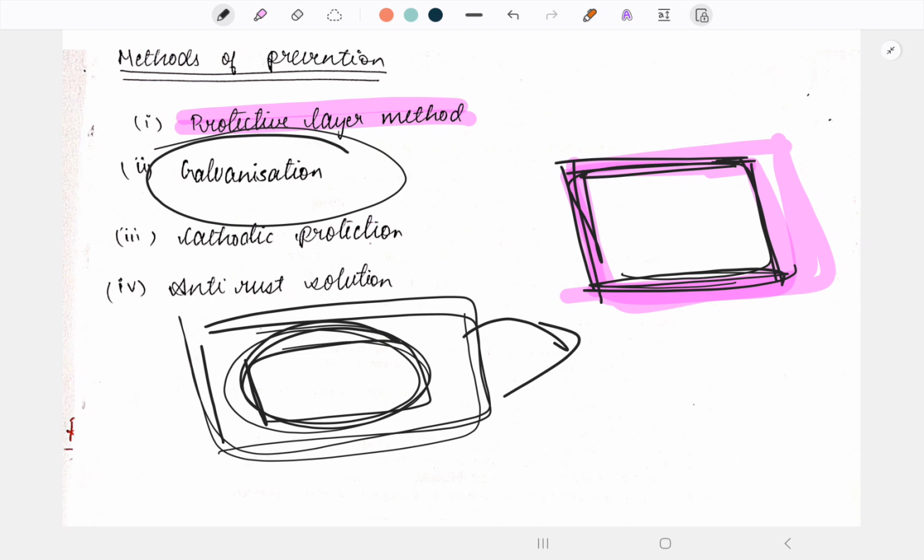Next is the cathodic protection of iron. So in this method, the exposed surface of iron is attached to a more reactive metal like magnesium by connecting them with a wire. So the more reactive metal acts as anode and the iron acts as a cathode.